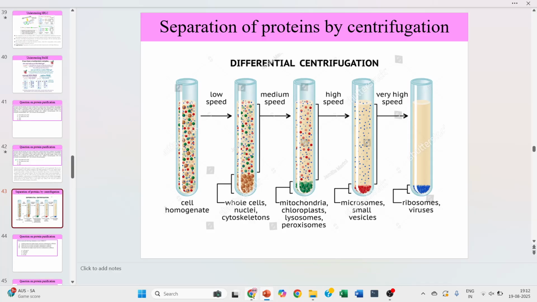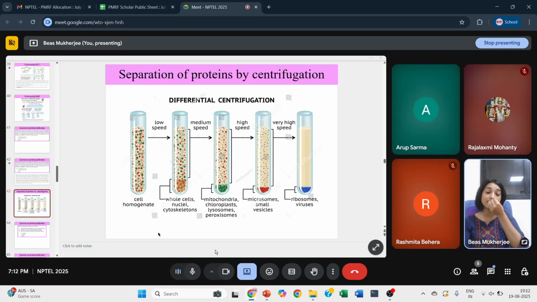Okay, now we move on to something called differential centrifugation. Now you guys might have already read about this. So what happens is when you are spinning at a low speed, then the large components in the cell separate out first. For example, whole cells, nuclei, cytoskeleton, these separate out.